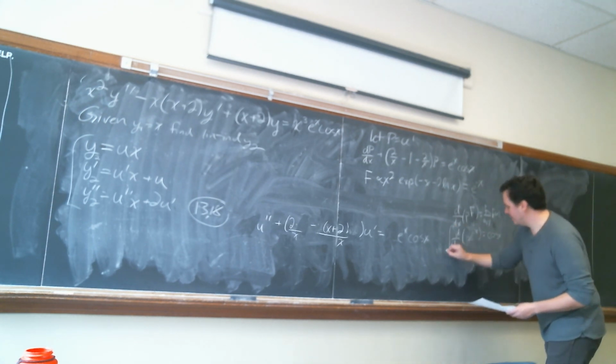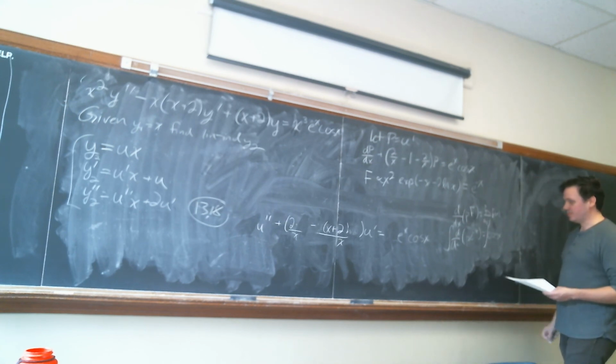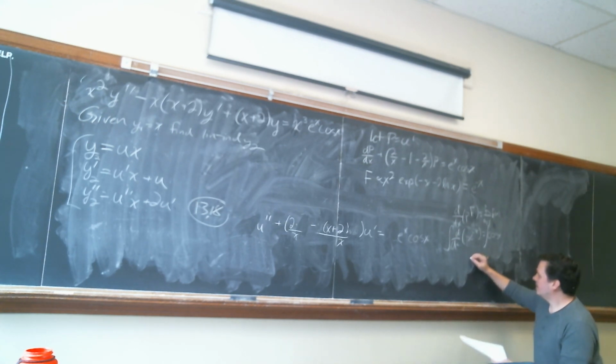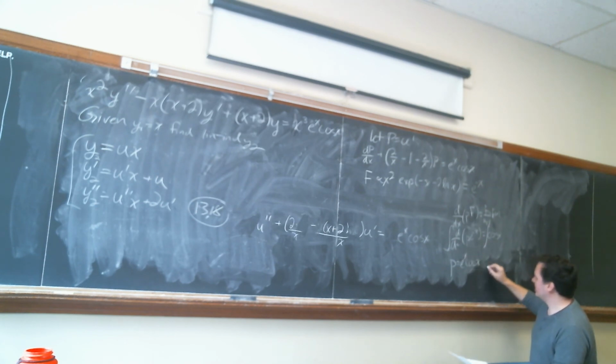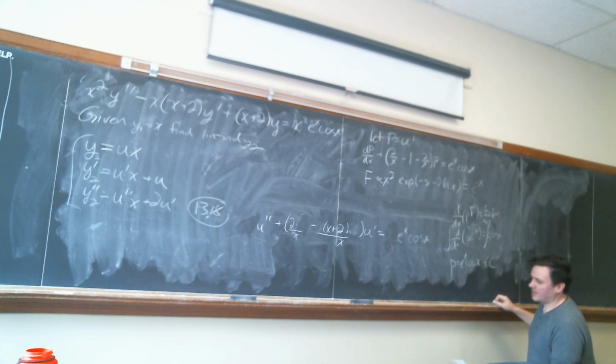And we'll integrate both of these sides with respect to x. And we get p e to the minus x is equal to cosine x. And then we're going to multiply by e to the x, we get p equals e to the x cosine x plus a constant.